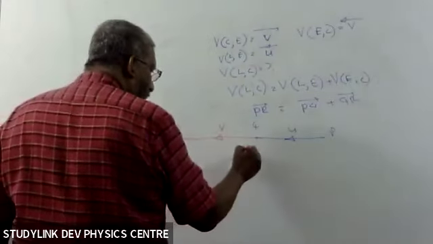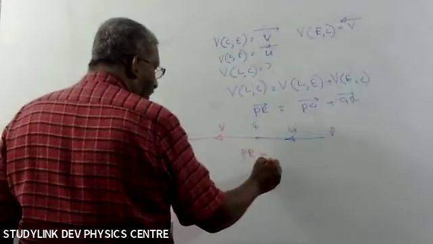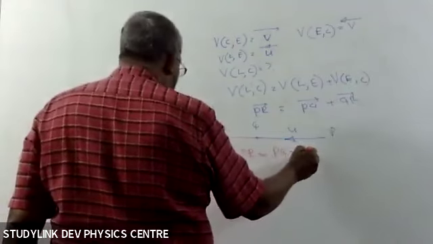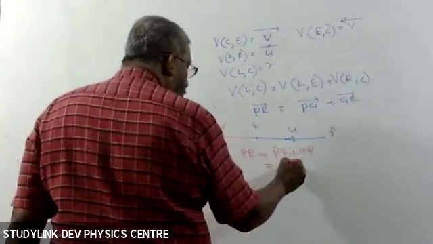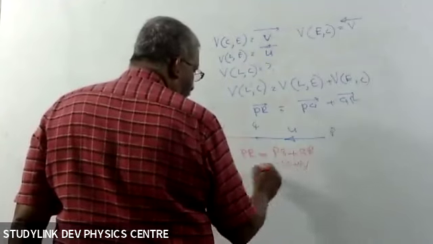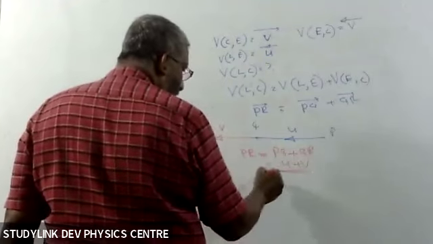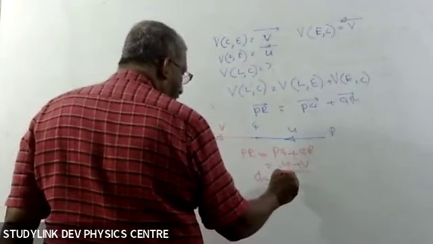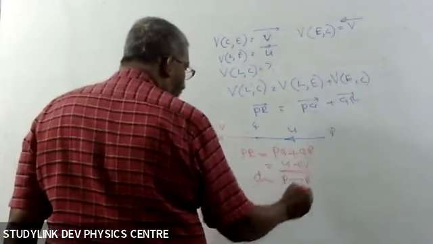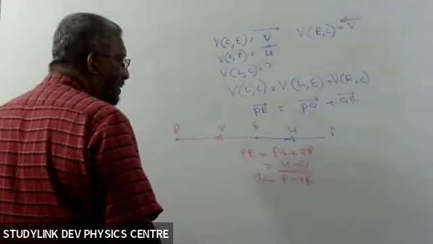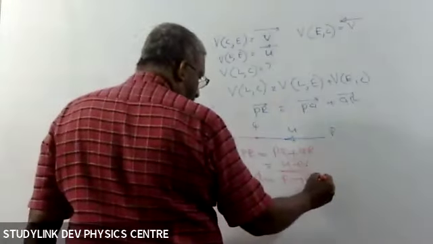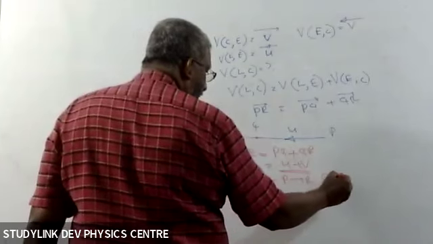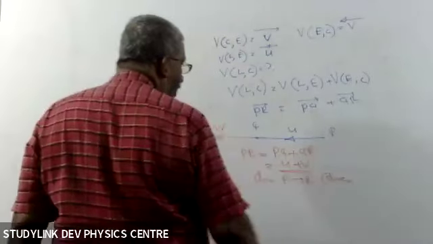Then our answer is PR. PR is PQ plus QR, so U plus V. So then the direction P to R, P to R means the direction of which one?